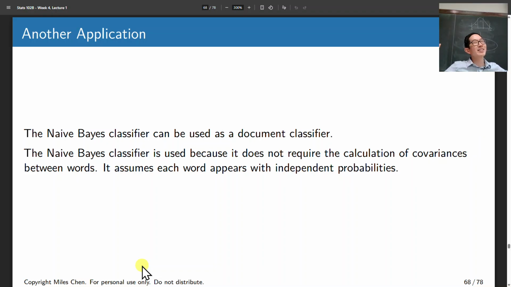Let's say you have a vocabulary of, I don't know, 50,000 words. Then you have 50,000 X variables, and your first column is like, how many times does the word a appear? How many times does the word aardvark appear? How many times does the next word in the dictionary appear?